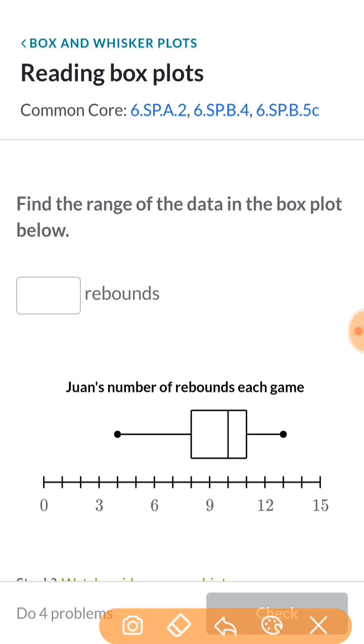So how do you recognize the different quartiles? Well, the different quartiles would be right here. This is the first quarter. Quartile 1, which is 25% of the data. Then this box right here will be quartile 2, which is 25% of the data.